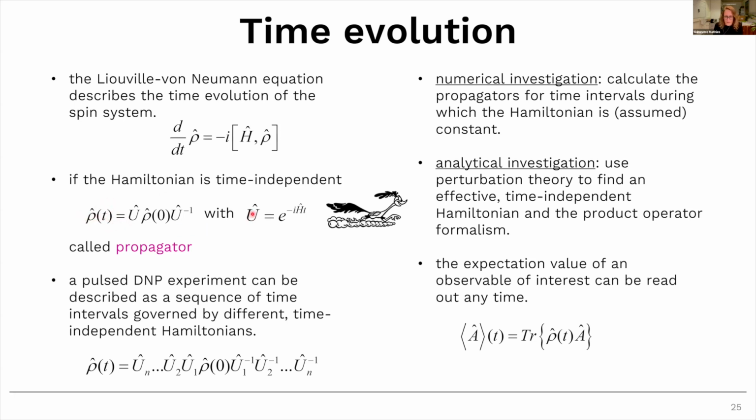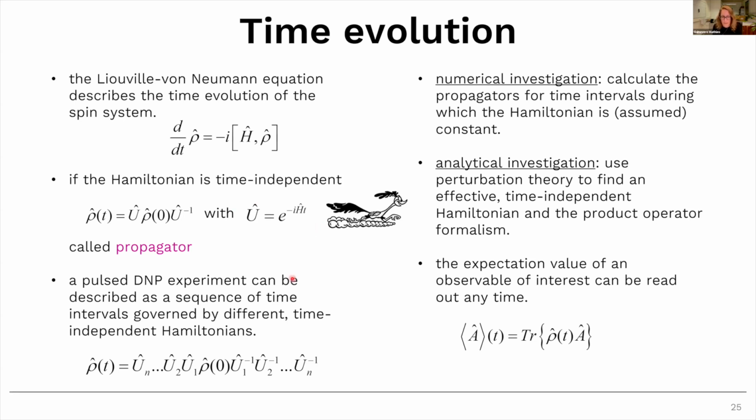This unitary transformation is given by e to the power minus iHt, where H is the Hamiltonian. We typically call this a propagator because it propagates the state of the spin system forward in time.